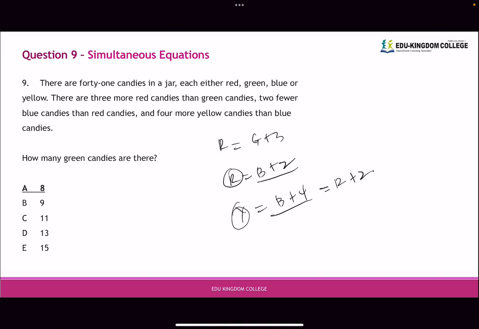Now, if I make this all in terms of that color, so green equals R minus 3, move the 3 over, blue equals R minus 2, and yellow equals R plus 2, and R just equals red.